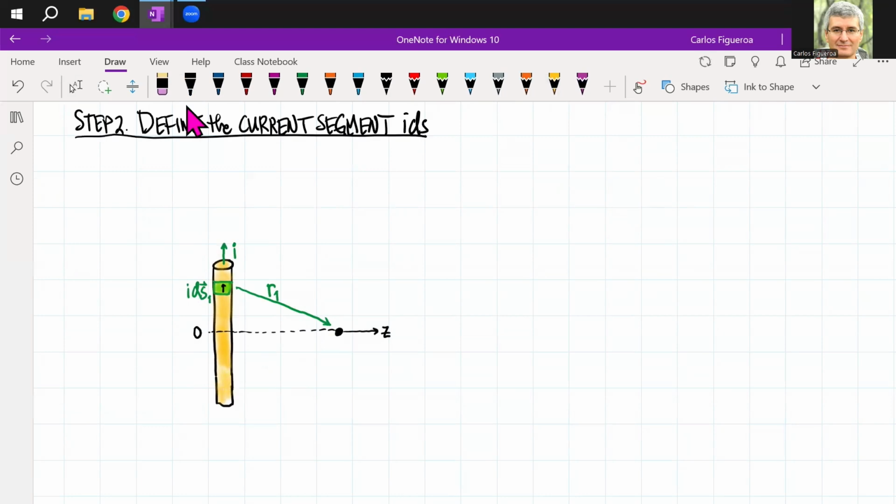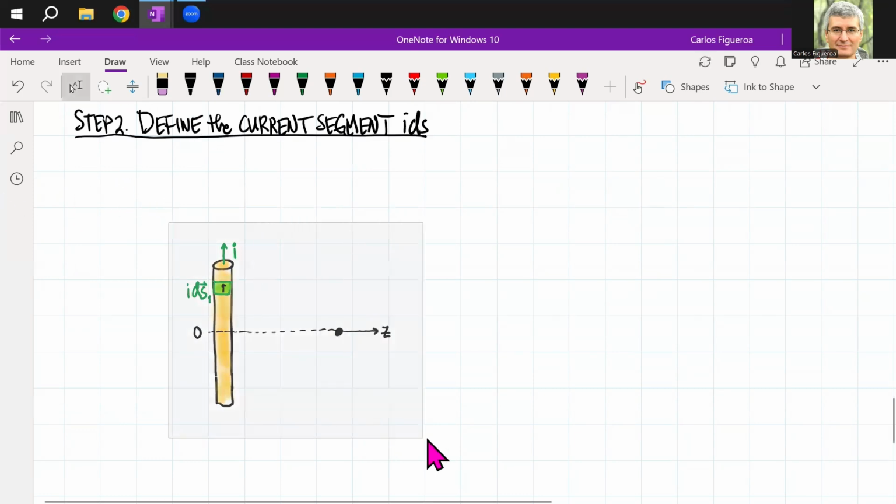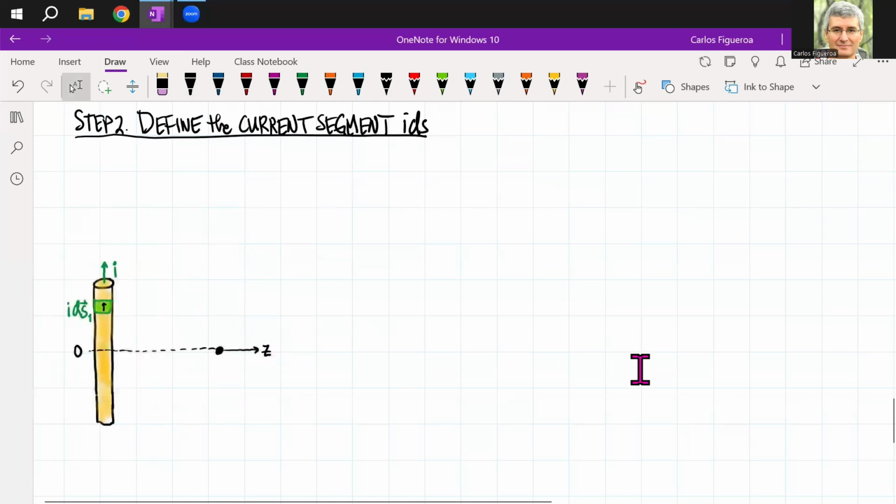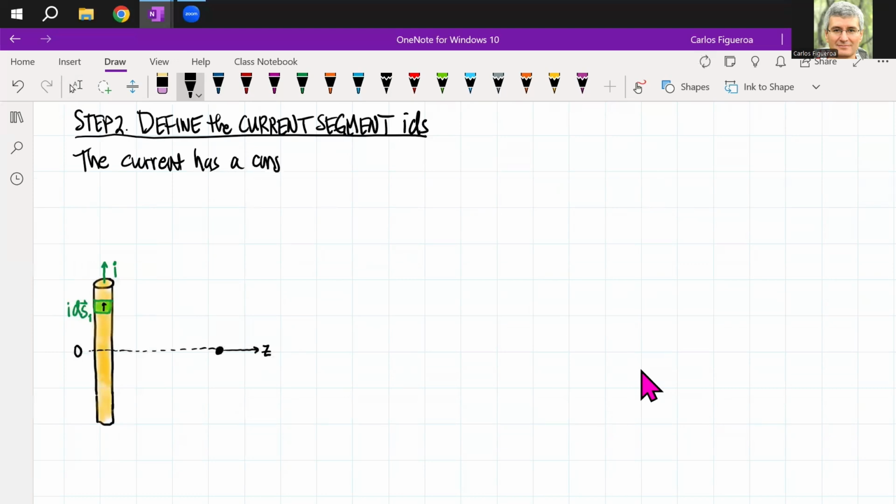In the end, I'll have to come back and look at this guy, and we'll look at the details here. So this is what I'm looking at right here. This is my current element right there. So the current has a constant value, where I is equal to a constant.